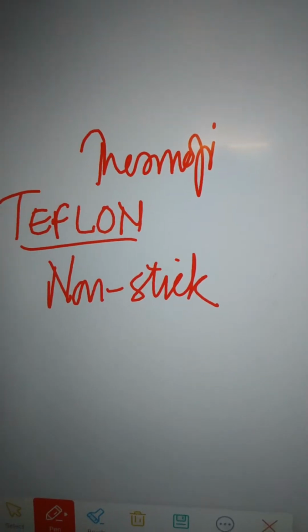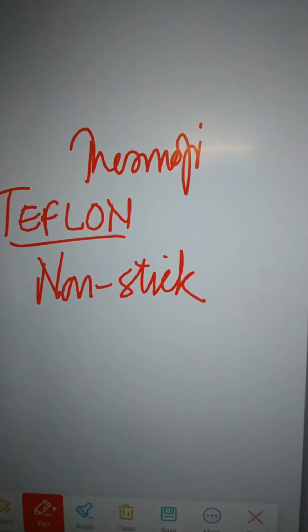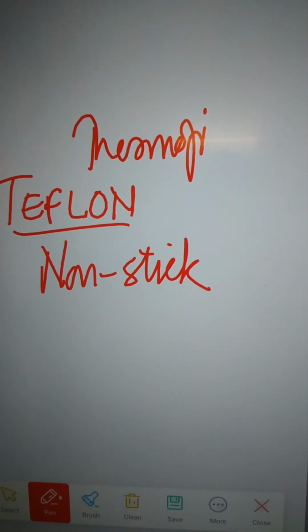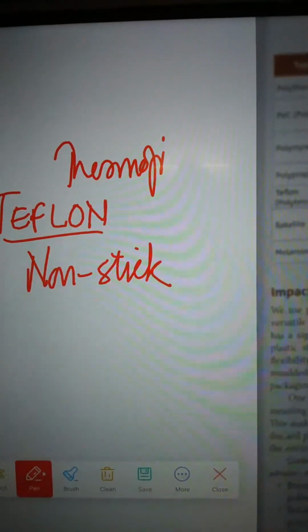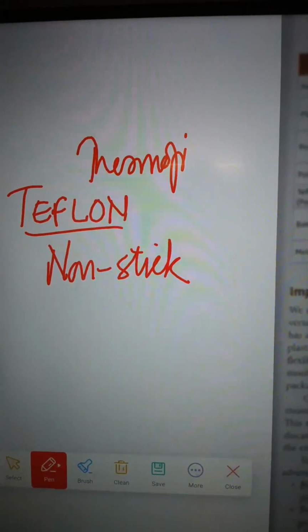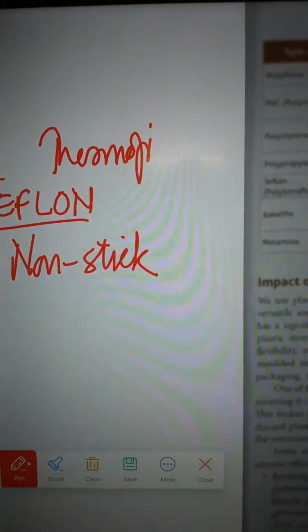Why do we use Teflon or non-stick cookware? Because when we have to cook something, the food does not stick to it. And people use non-stick cookware for not using oil. So one question which is very commonly asked is, why do we use non-stick cookware? We use it because the food items do not stick.